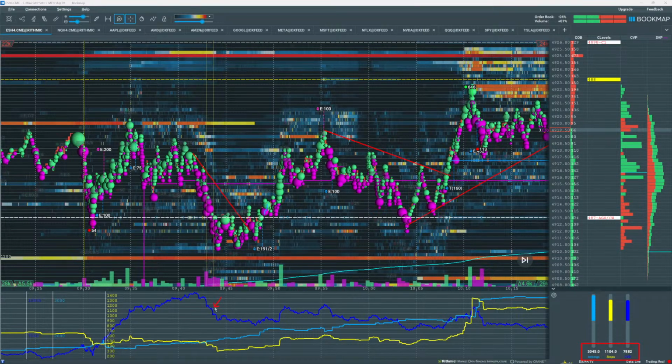This dark blue line showing CVD, cumulative volume delta, light blue line showing iceberg orders, and the yellow line showing stop orders. And note in the subchart panel here, all these numbers are positive. So I interpret that as bullish.